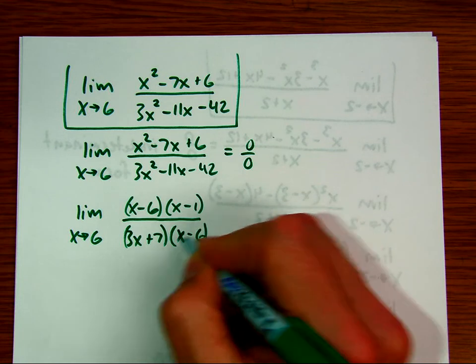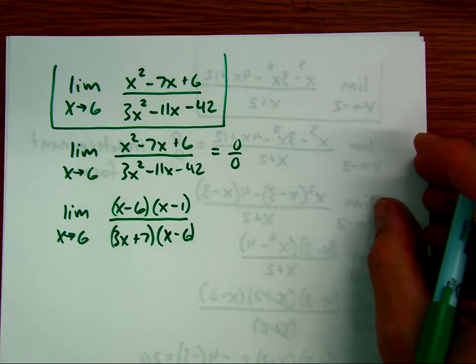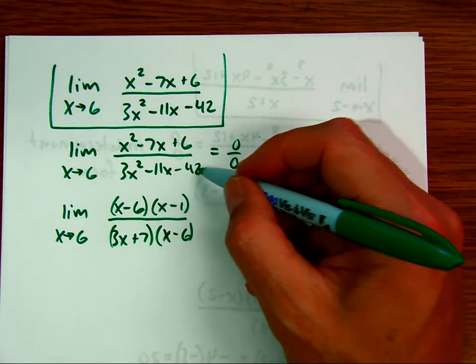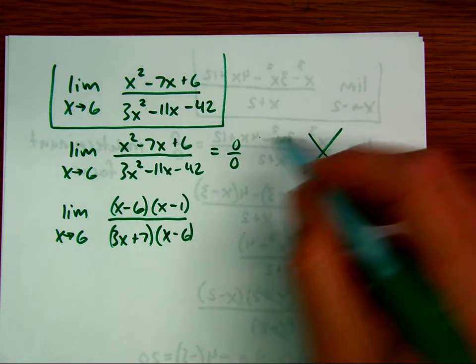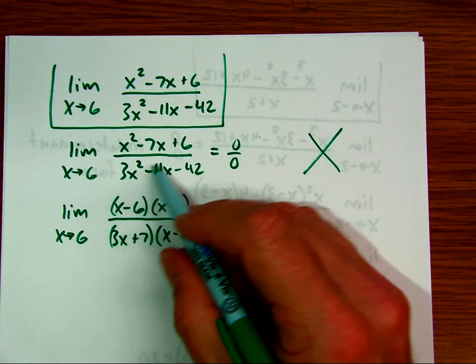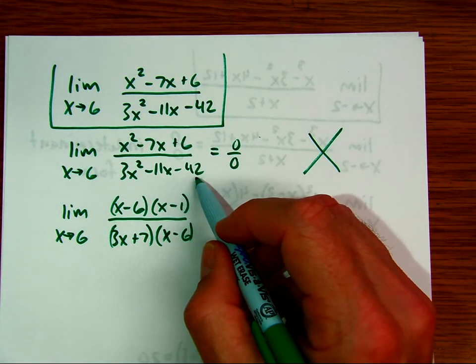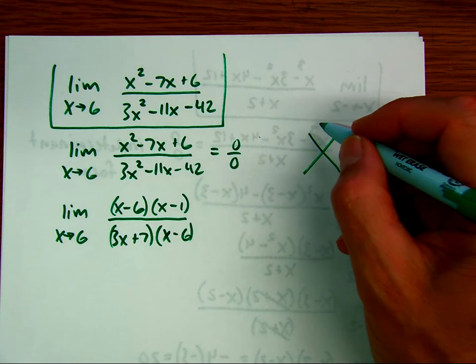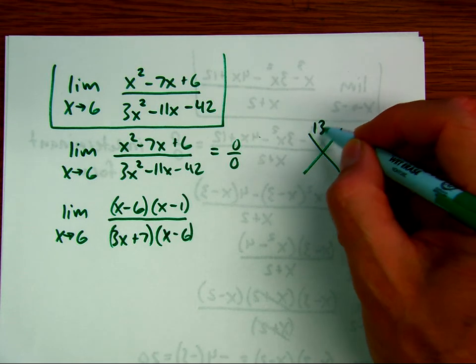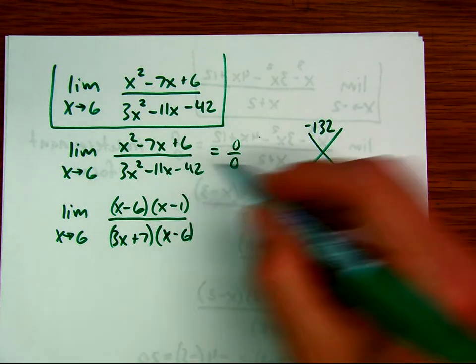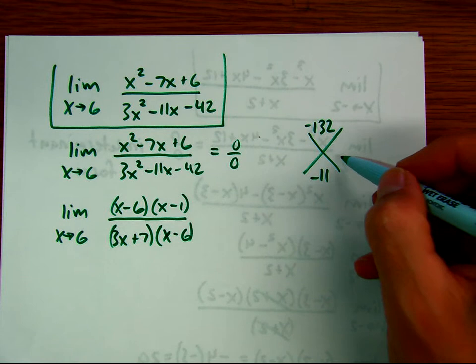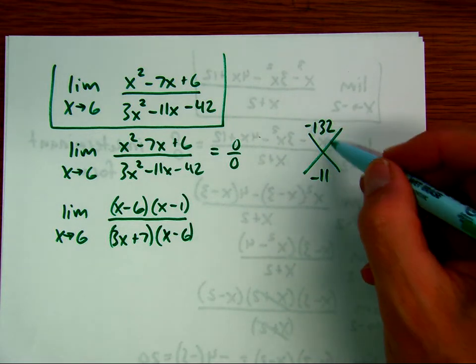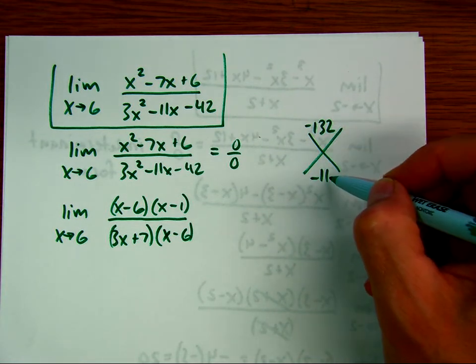6). And if you need to review the factoring, in the denominator we would have 3 times 40, that would be 120, 132, and then negative 11. We need numbers that multiply to get 132 and add to get negative 11.